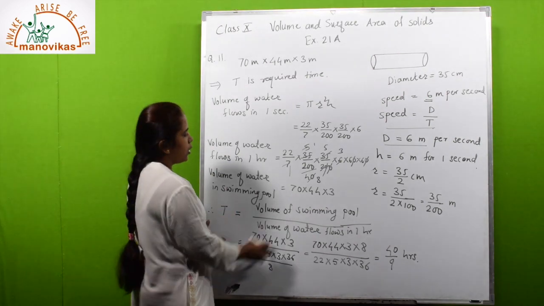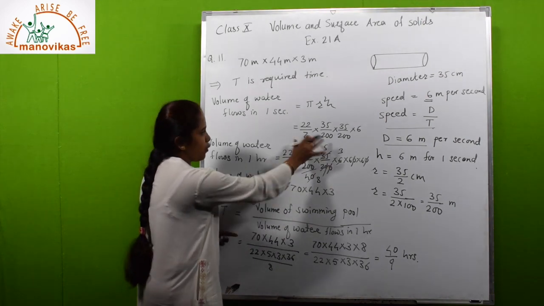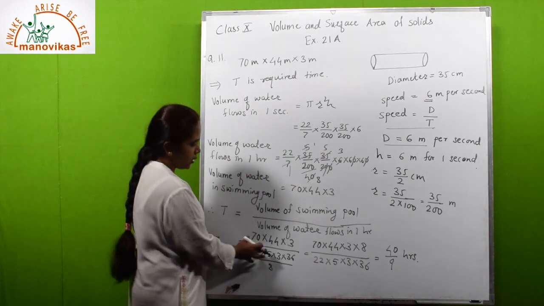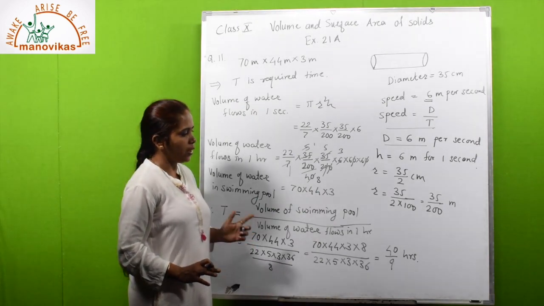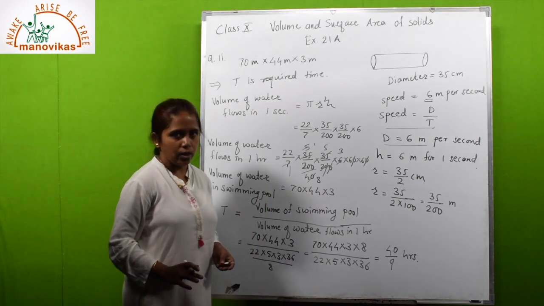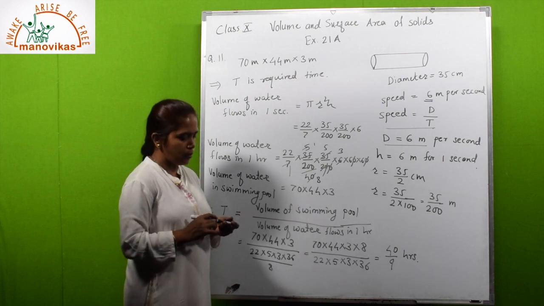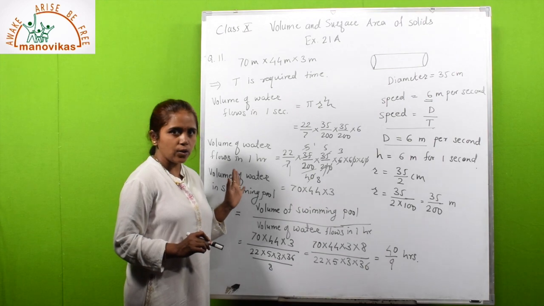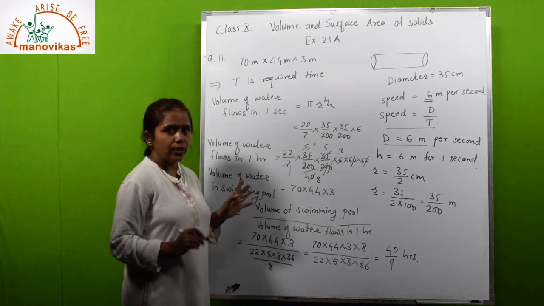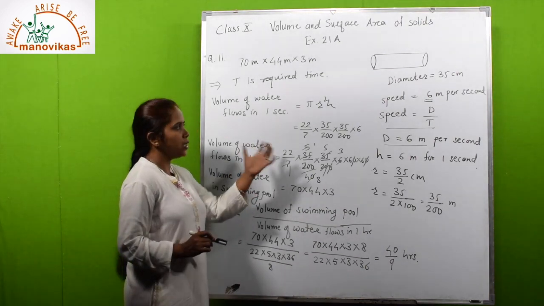Write down the simplest form in multiplication form and then do the division. So your required time is 40 upon 9 hours. Many problems related to this are there in exercise 21A and 21B. You can solve them using this method.